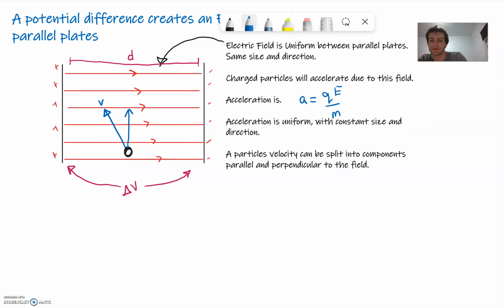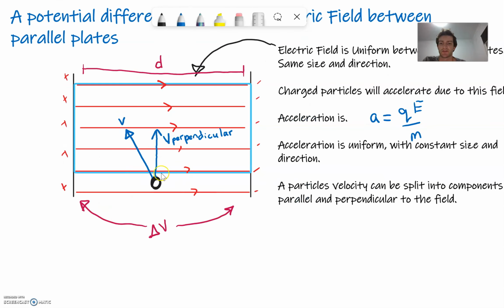That is going to be perpendicular to the field, because that velocity component is at a right angle to the field lines in red. And then there will be a component of the velocity that is parallel to the direction of the field, which is this little component here. Okay, and together they add up to the total velocity of the particle at that instant in time.